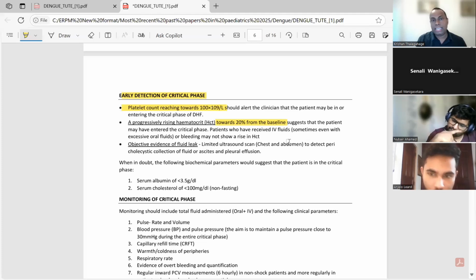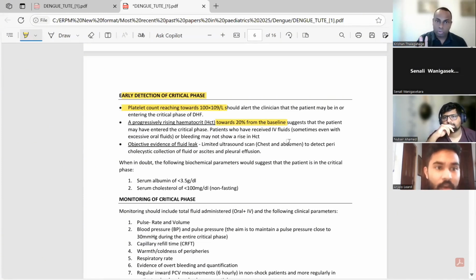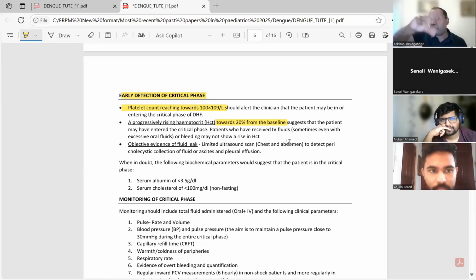Angelo, what is the baseline hematocrit of a child? It's 35. Then if it has gone up by another 20% of baseline, what is the value? 20% of 35 is 7.